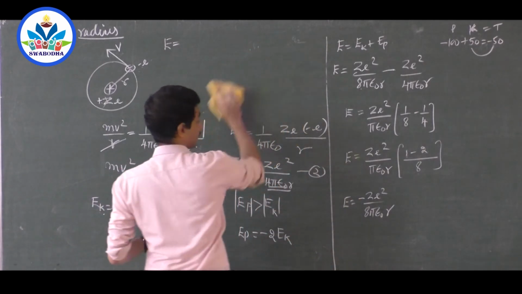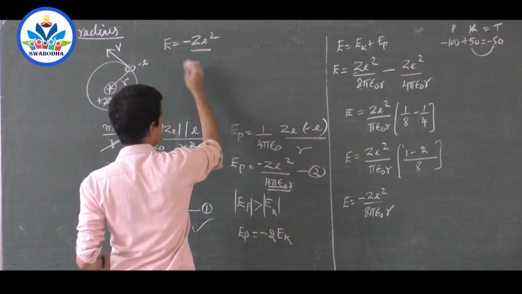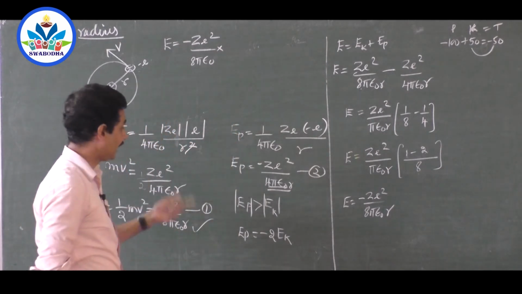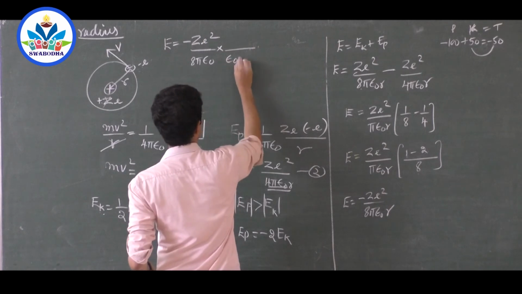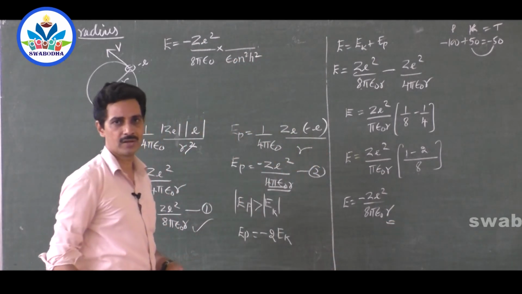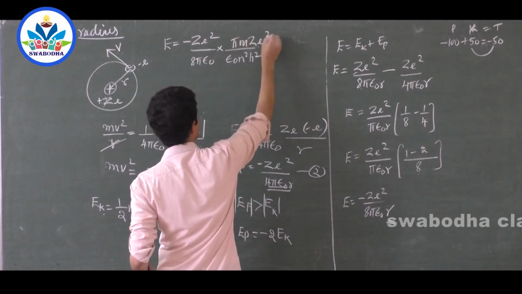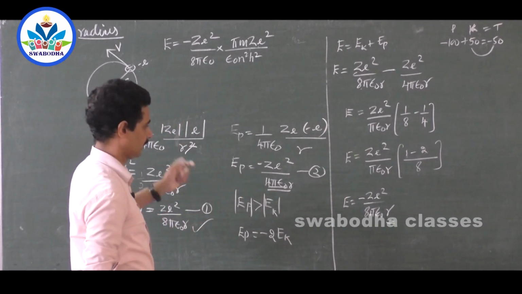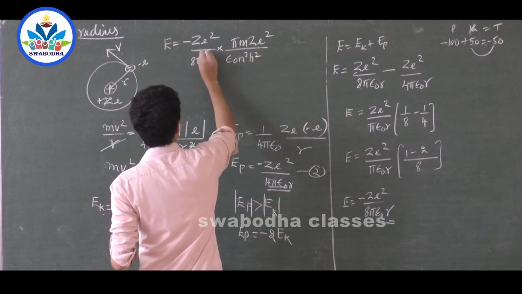Total energy of the electron is minus Z e squared divided by 8 pi epsilon naught r. Here r is epsilon naught n squared h squared divided by pi m Z e squared. The pi gets cancelled.